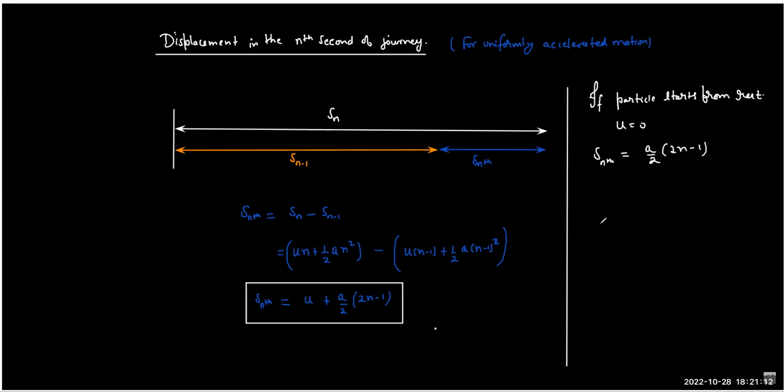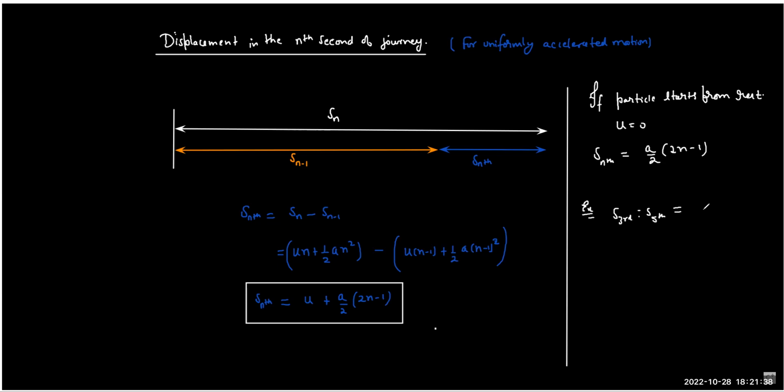Sometimes they ask that a particle starts from rest, then find the distance traveled in the third second to fifth second. So you can use the formula, the second one, a by 2. So a by 2 gets cancelled out. So you can take the ratio.